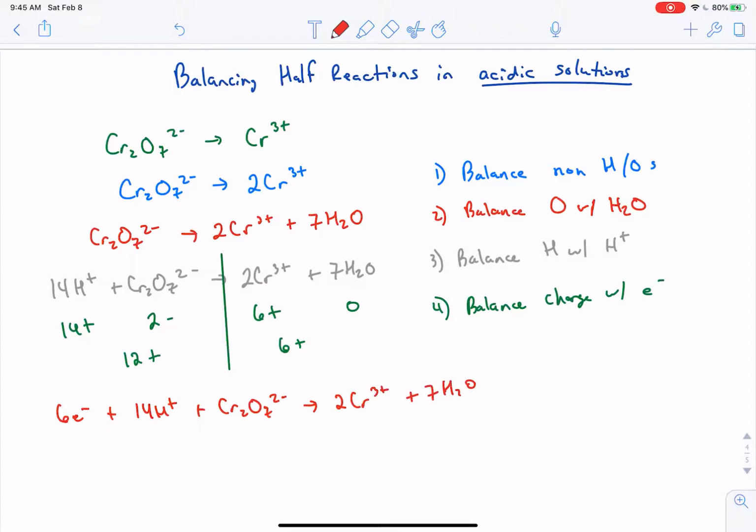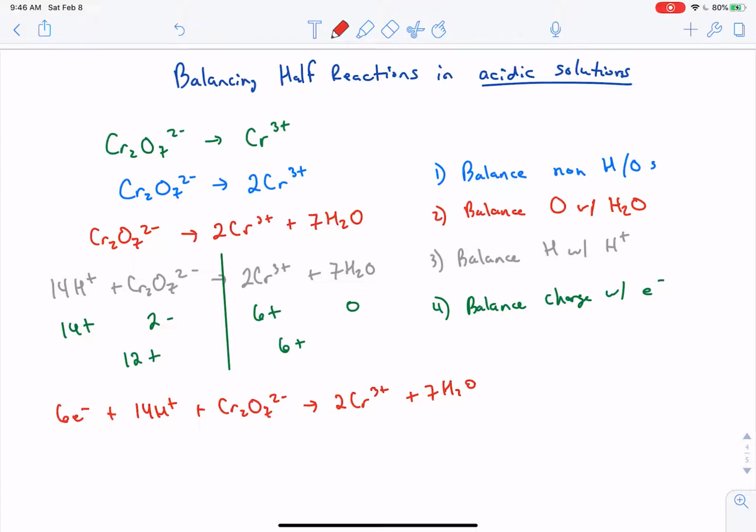If you wanted to do it where you're getting them both to 0, you would add 12 to this side and 6 to this side, which would then be net 6 on this side. If you were thinking it that way, that would work. Okay. So this is net.